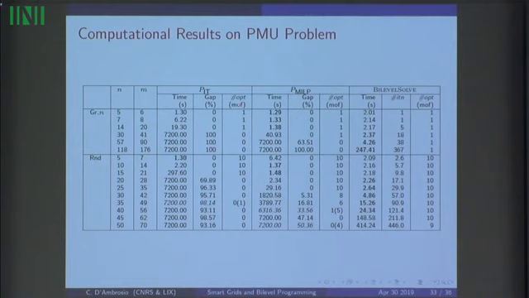You can see that the first model I showed you can be solved up to 14 or 15 nodes, and then it becomes completely impracticable, because already from 20 nodes every run hits the time limit of 2 hours. So it was way too difficult to solve.